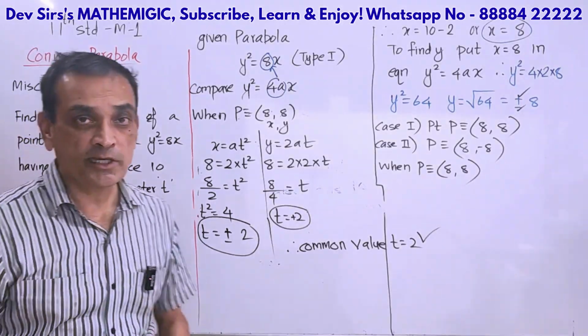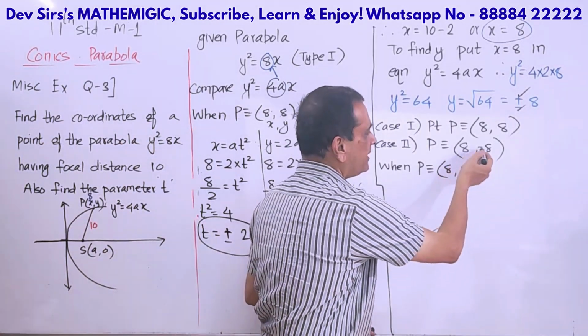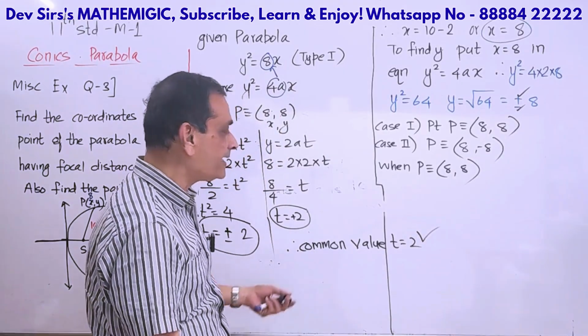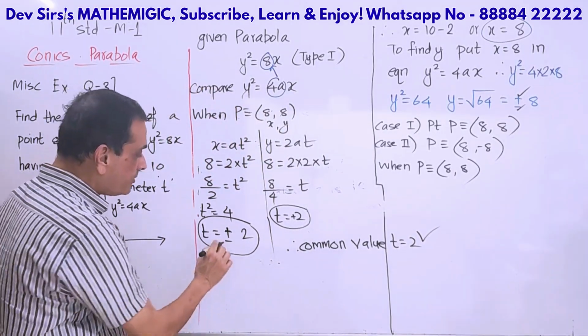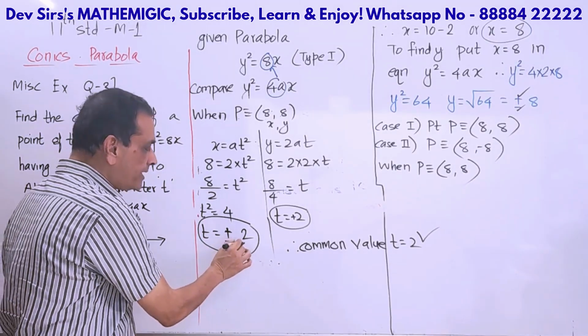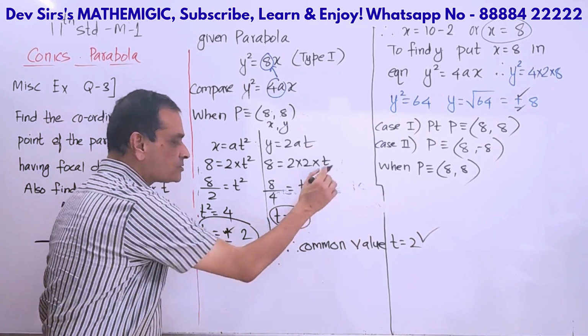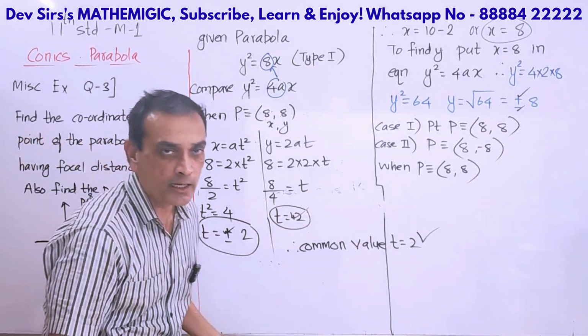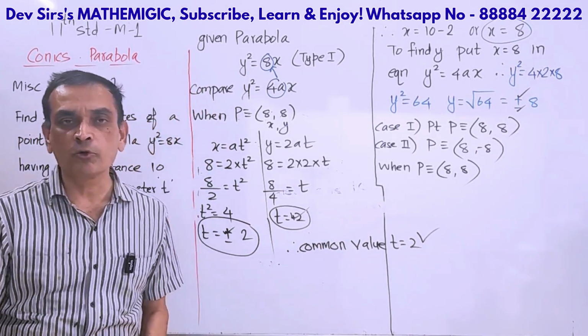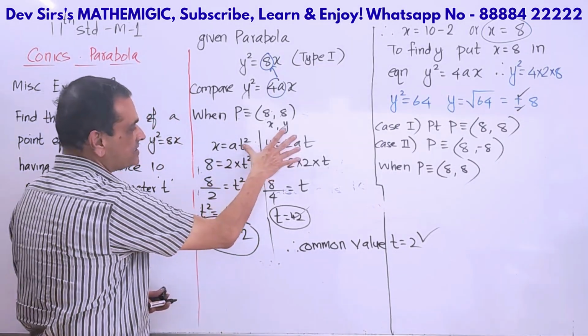For every point the parameter will change. You can try for this now. What is it for (8, minus 8)? I think you will get t equal to minus 2. It should be common to both LHS and RHS. Here it is plus minus 2, here it is plus 2. So I select plus 2 from here and plus 2 from here, where it repeats, and write the answer. t is equal to 2. That is the parameter. These are called the parametric equations.